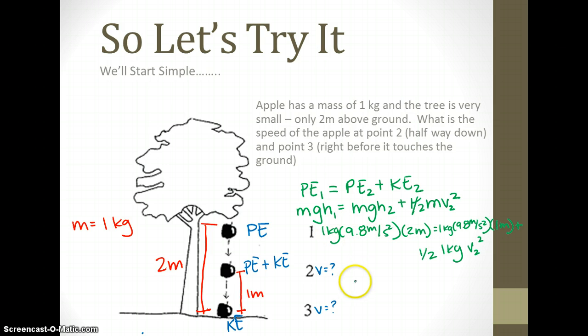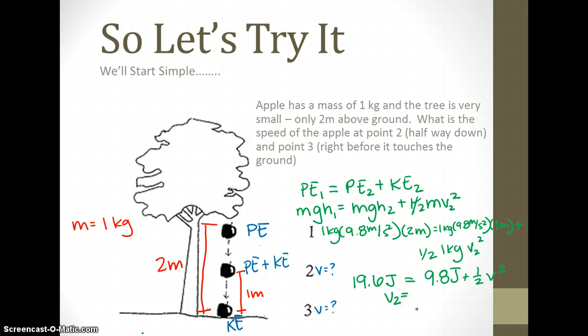So what I'm going to do here is start calculating all of this. 1 times 9.8 times 2 is going to give me 19.6 joules. That's going to equal 9.8 joules plus 1/2 V squared. Now, I would like you to finish up this problem and see if you can calculate what V2 is going to equal.